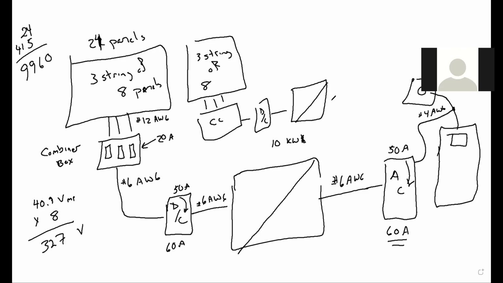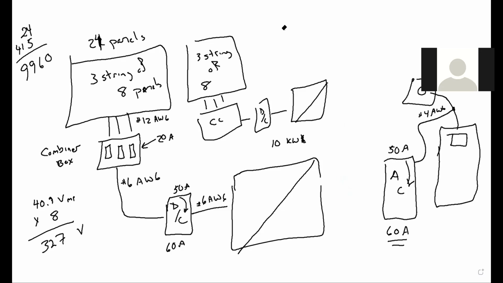And then chances are we're going to bring these together and we're going to feed them in. There'll be some sort of junction box or something before this AC disconnect, but both of them are going to be feeding in. In fact, let me make that just so I don't confuse things.